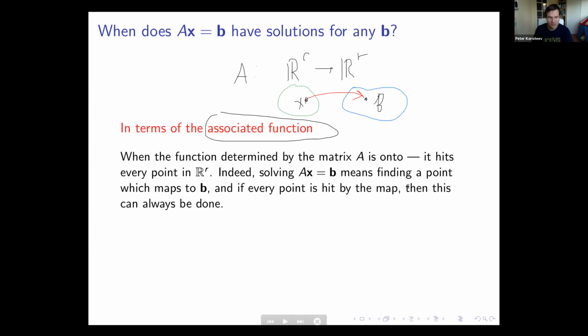And if every point is hit by the map, then this can always be done. So for every point b, there's an element x in the domain of this function such that Ax is equal to b.